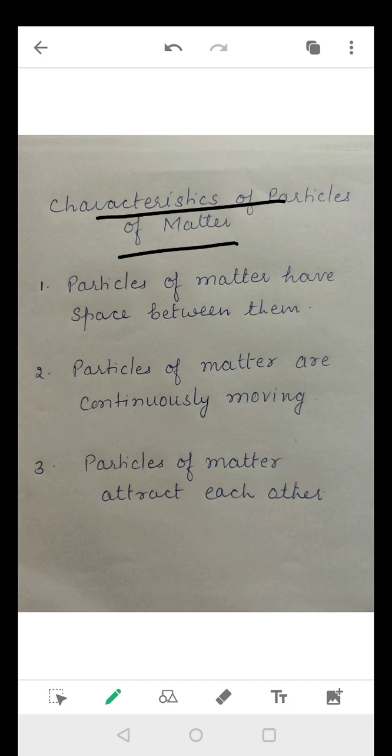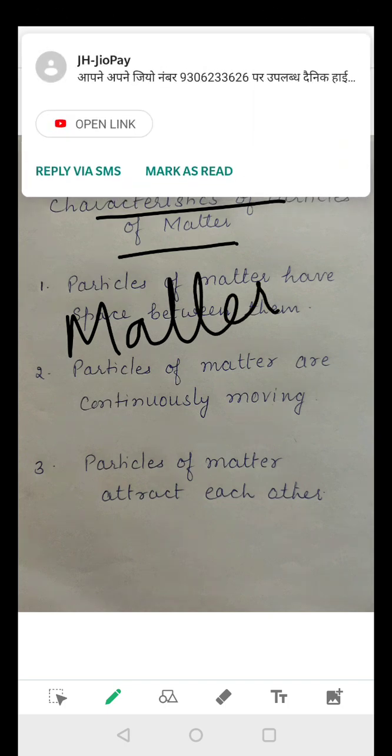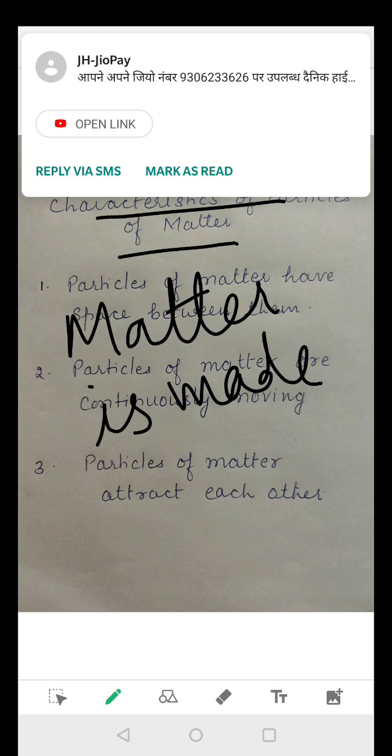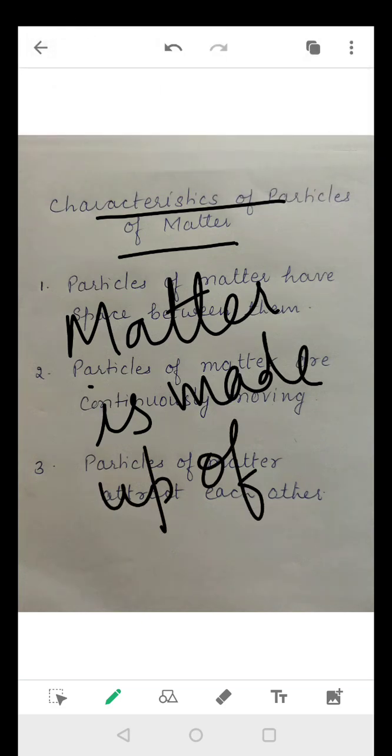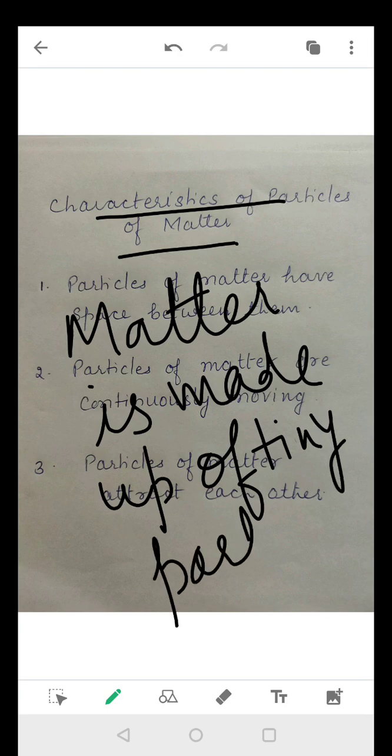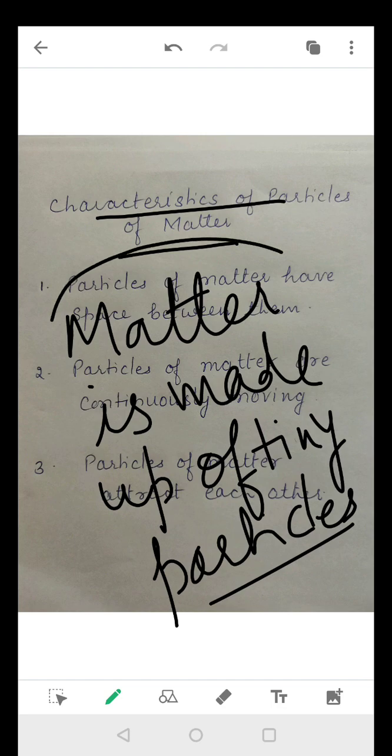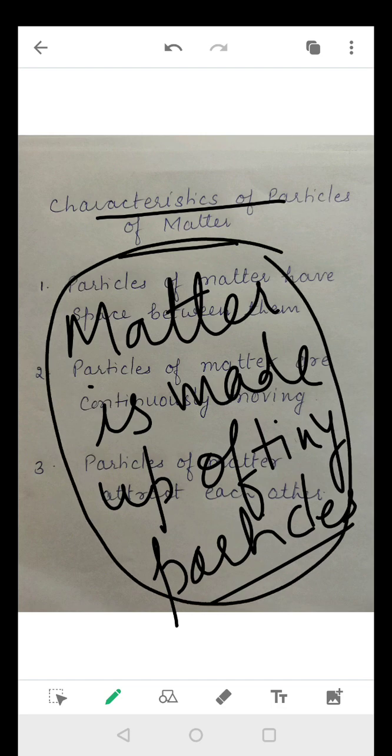This is very important. Everything that we see, everything that we consider as matter is made up of very, very tiny particles.